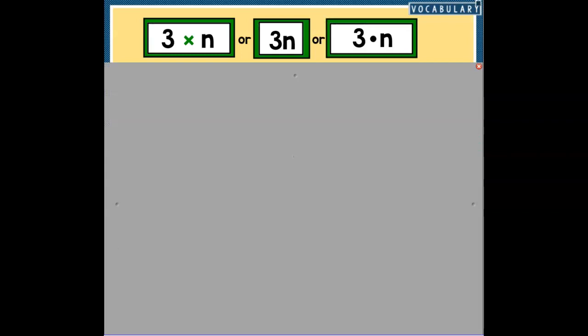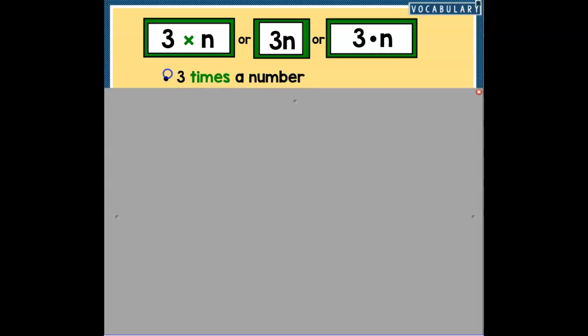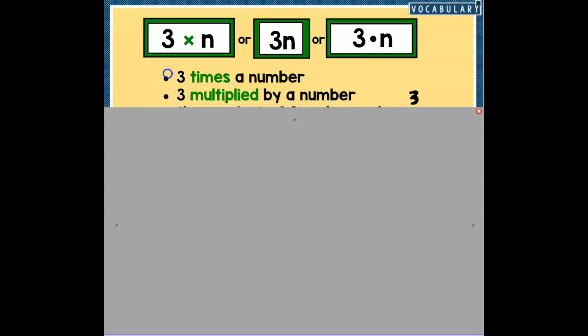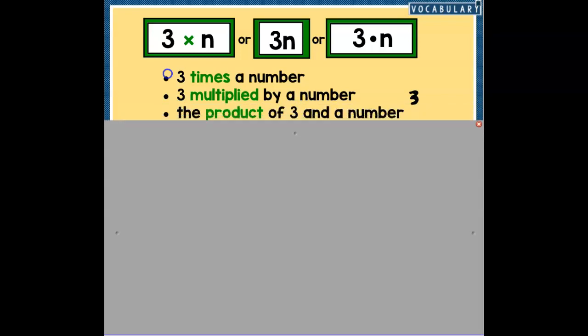Okay, with your table partner, I want you to read. How would you translate these symbols and numbers into an expression that you'd say out loud? So read to your partner how you think you'd say this. Maybe you would say 3 times a number. You could have chosen 3 multiplied by a number, because n, remember, stands for number in here.